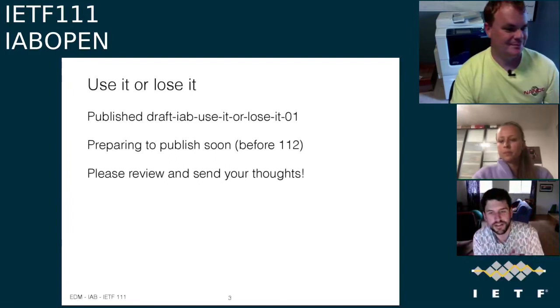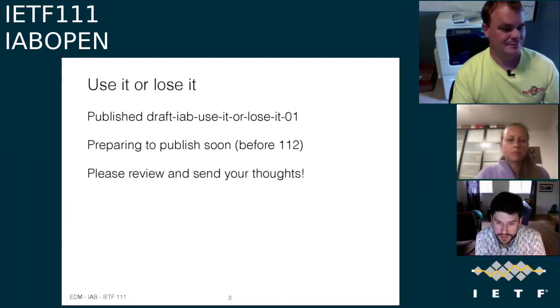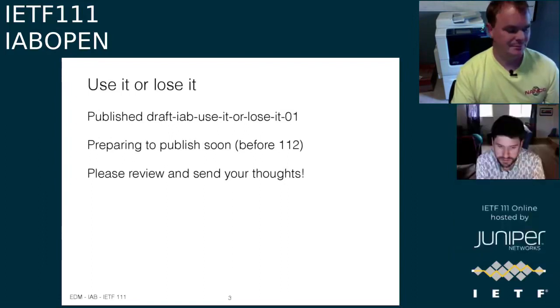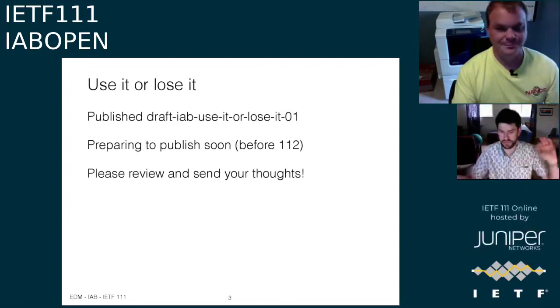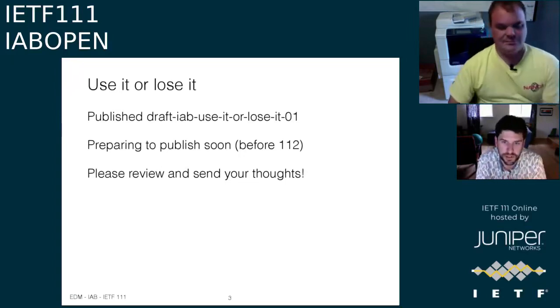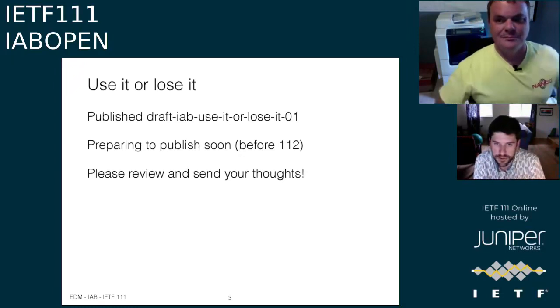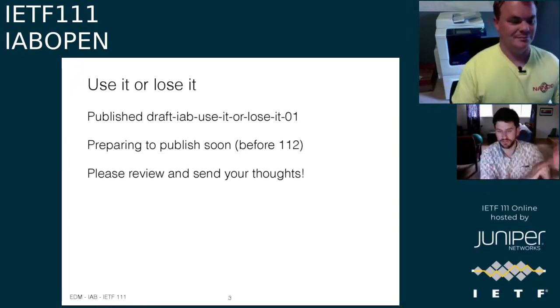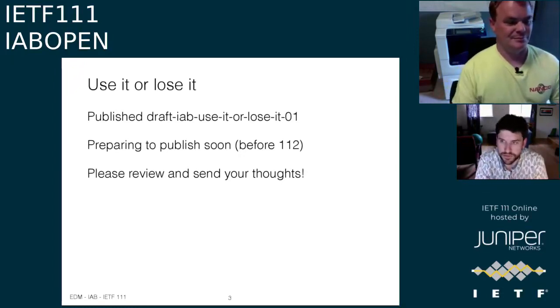All right, so I wanted to give a brief overview of this document since we're trying to get it to progress. If you are interested in reading it, you can get an idea of what is in the document. Currently, we are on the 01 version of the IAB document. It had a lot of earlier individual draft versions.